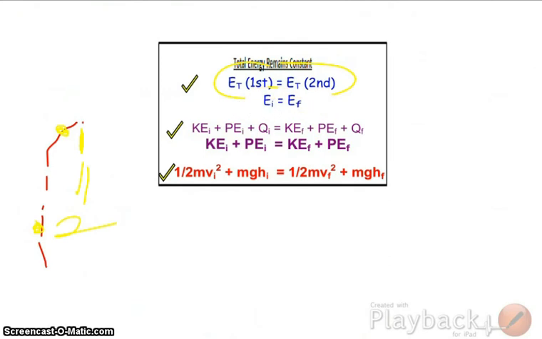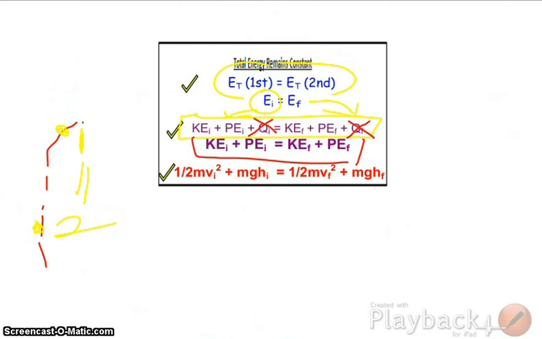Okay? So, that's your total energy. Well, total energy equals KE plus PE plus Q. Kinetic plus potential plus internal energy. So you get this. Because that becomes this, and that becomes that. And they still equal, right? So we're just kind of expanding that total energy out. Now, if we consider Q to be 0, which we usually do, we get this.